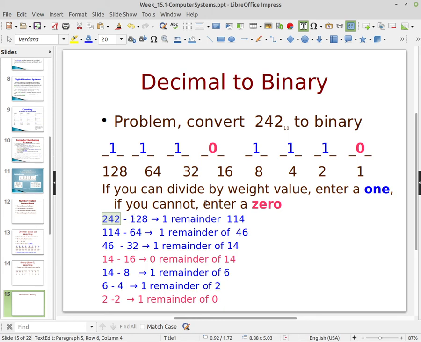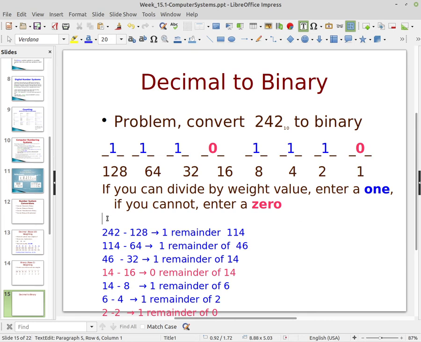And then I'm going to ask the question, is my result positive or negative? If the result is positive, including 0, then that means that yes, I can do that. So if the answer is yes, I can do that, that's a 1, that's true, and that puts a 1 in this column.